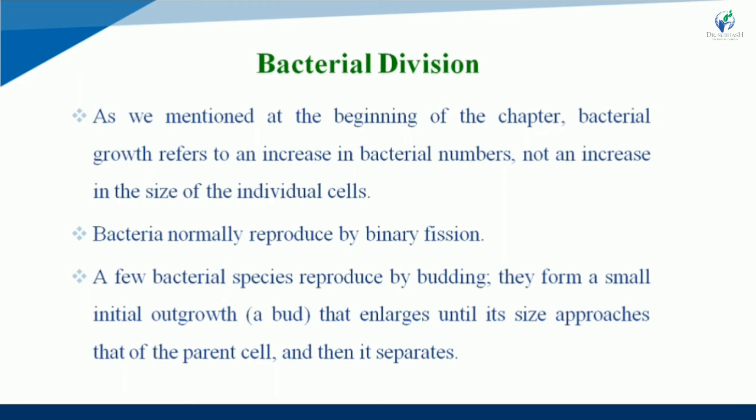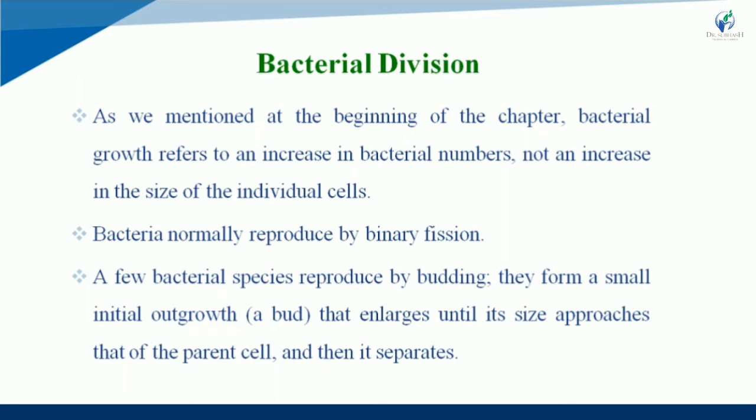A few bacterial species reproduce by budding. What is budding? Budding means becoming larger as a part of normal growth. Any body part becoming larger as part of normal growth is called a budding process.